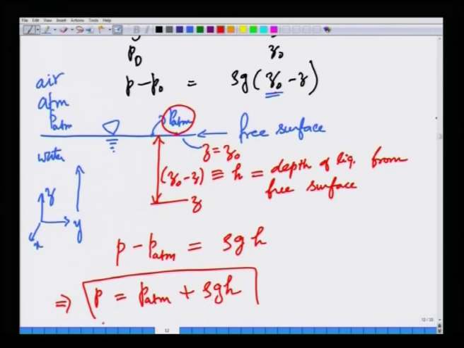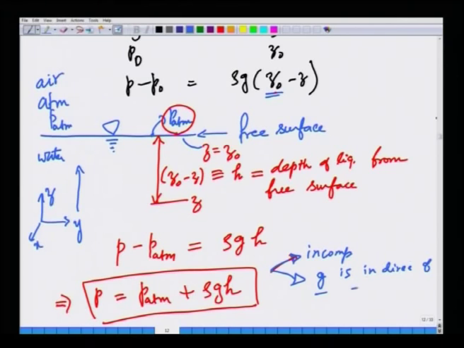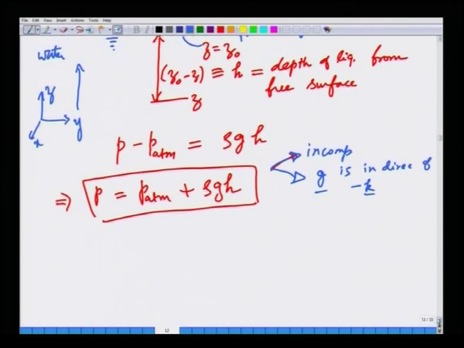This is a fundamental equation valid for incompressible fluids, because we assume rho is constant. And it is valid when gravity is in the direction of minus k. So, these are the two key assumptions, and this equation is very useful in solving many problems.